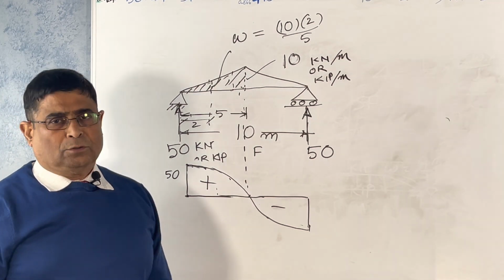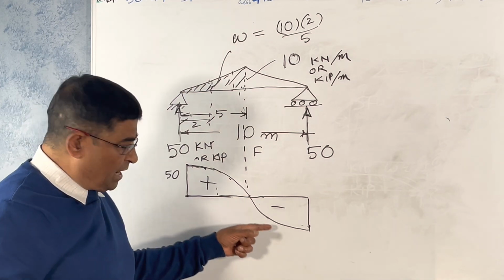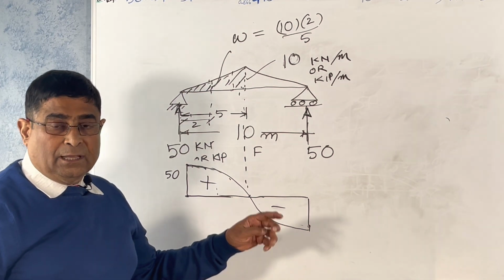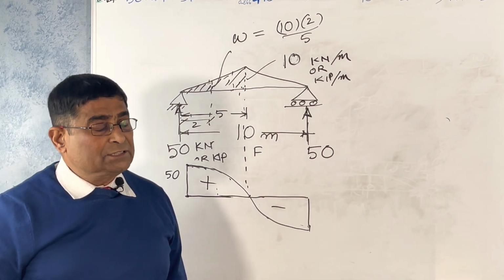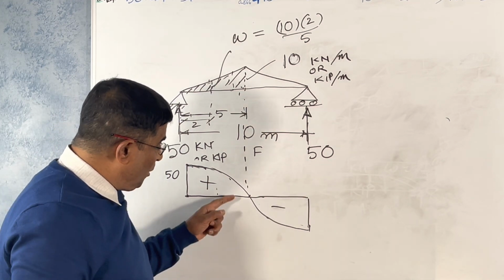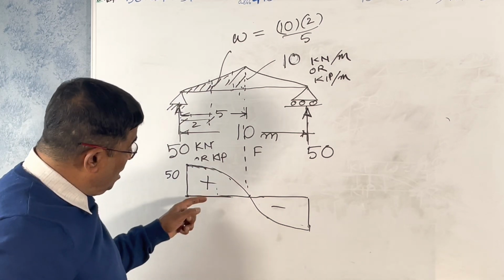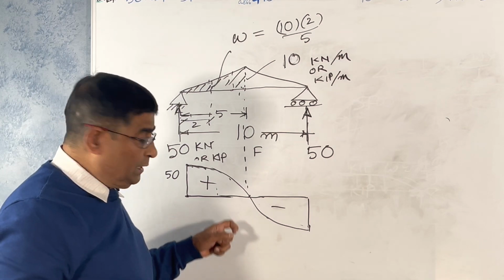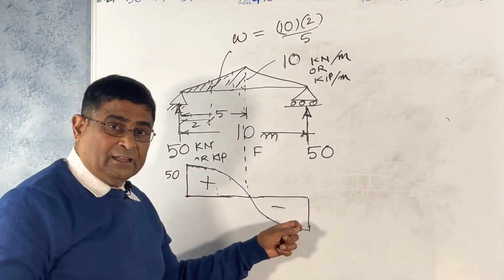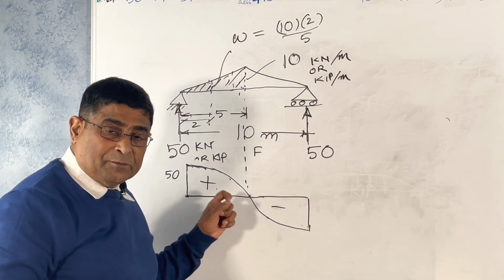It is always true where the shear force changes its sign, except in certain cases at a support for negative moment. But most of the time, for positive moment at some point not at the support, when the shear force changes its sign, the bending moment is maximum.